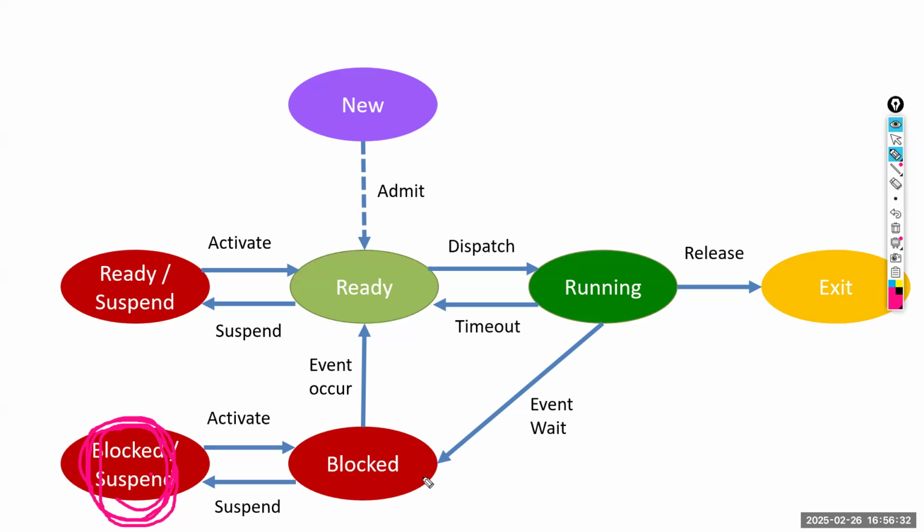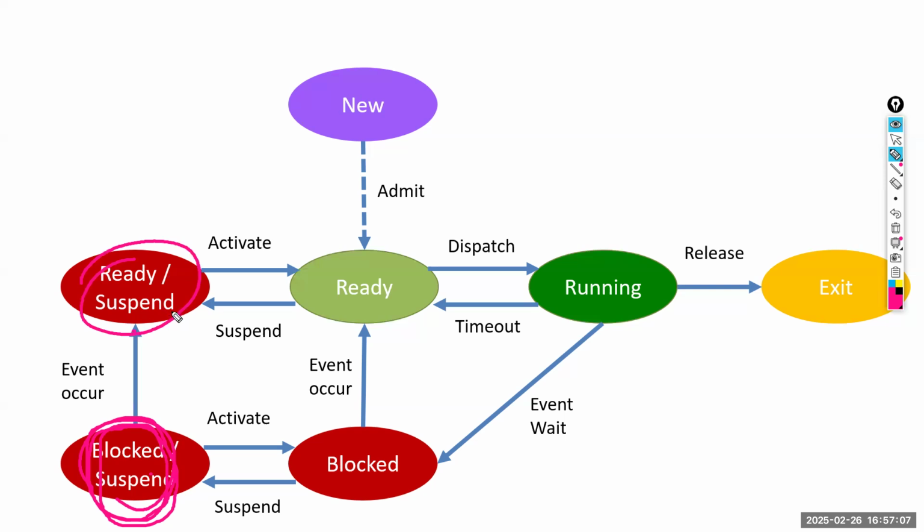But the user has responded, say clicked the OK button or whatever. The memory issue is still there, so it will go from block suspend to ready suspend, because the user interaction event has occurred but the memory limitation is still there.